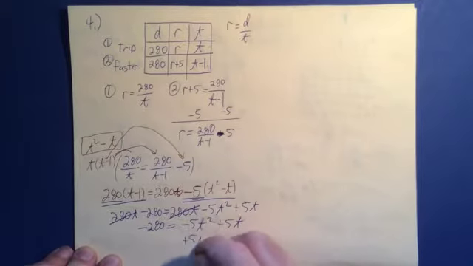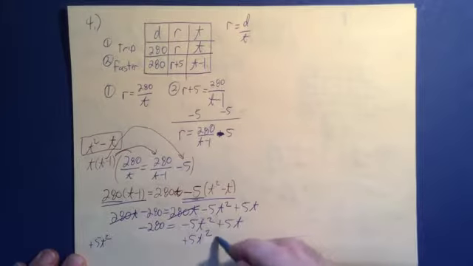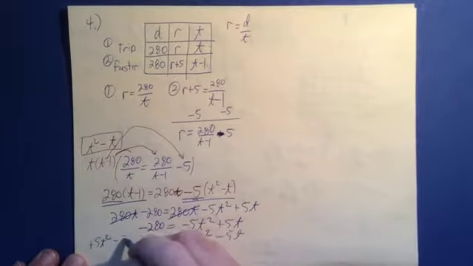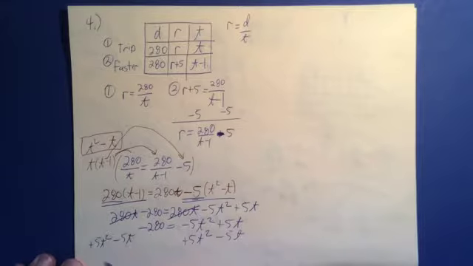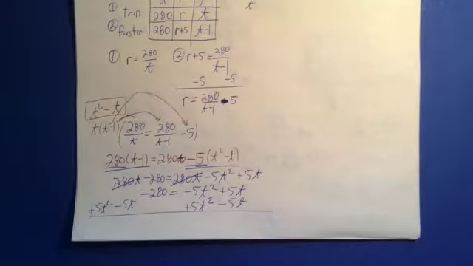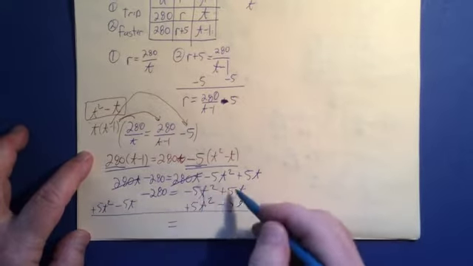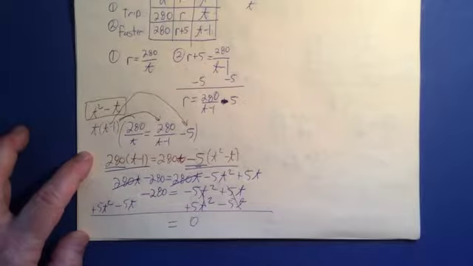I'm going to add 5t squared to both sides, and then I'm going to subtract 5t from both sides. Notice I put this here to try to keep everything even, so I'm going to move that up a little bit so you can see that. And then what we'll have here is 0.